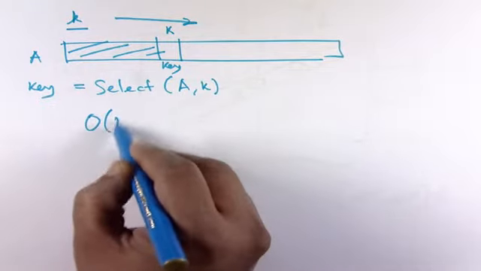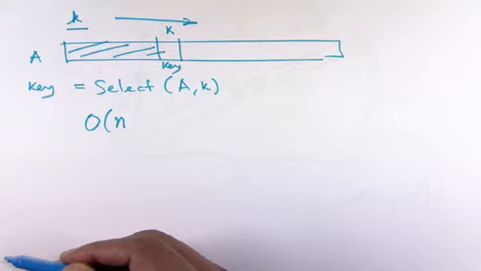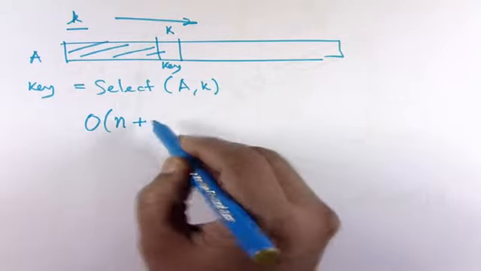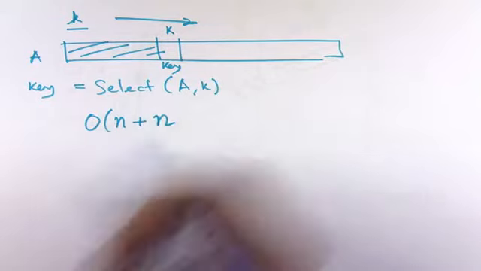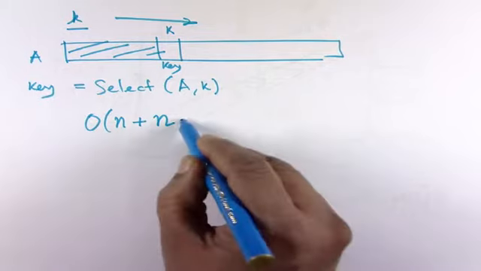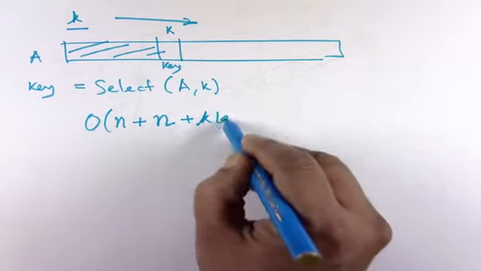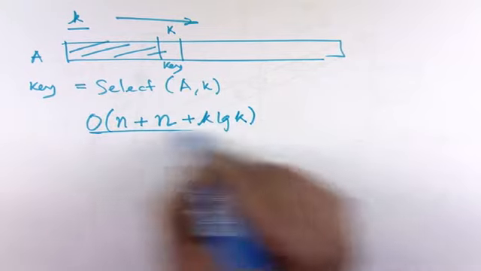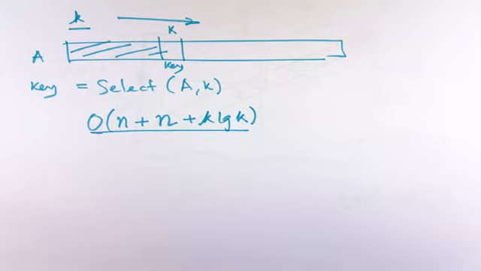The complexity of select, the complexity of partition, and then the complexity of sorting the selected numbers.